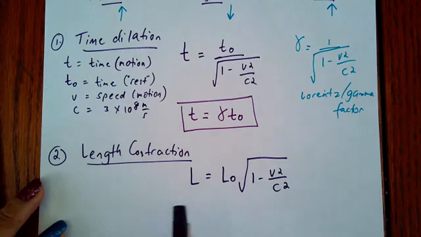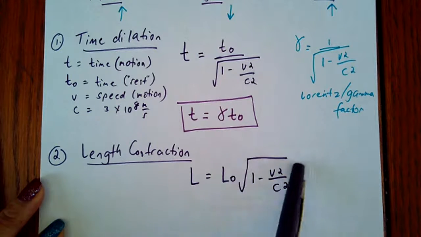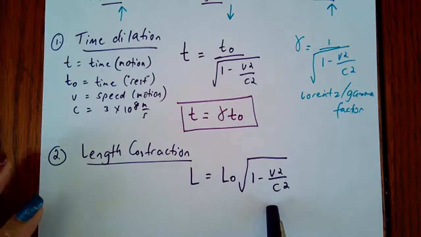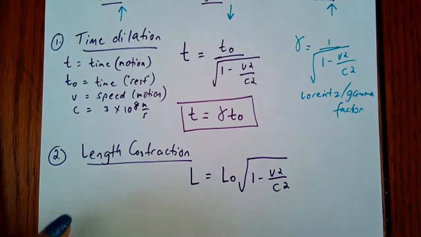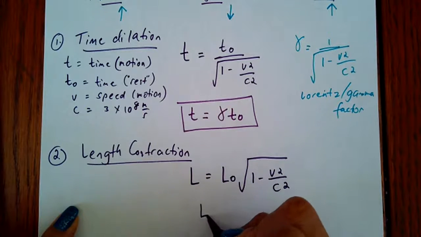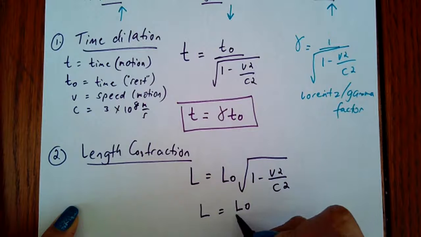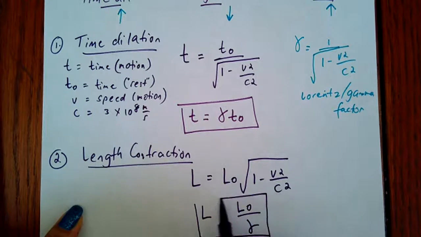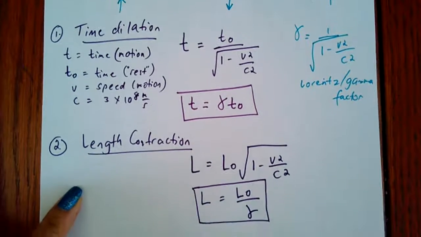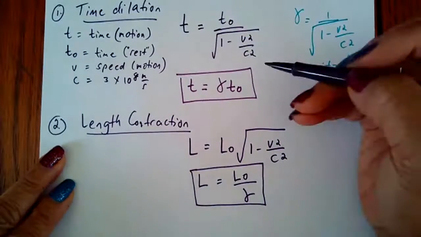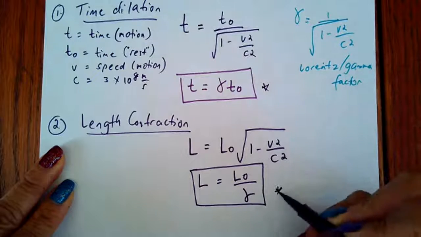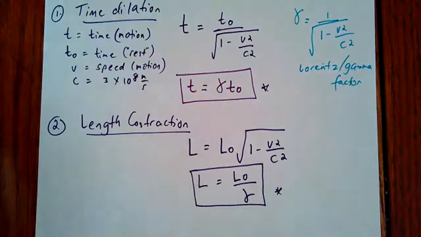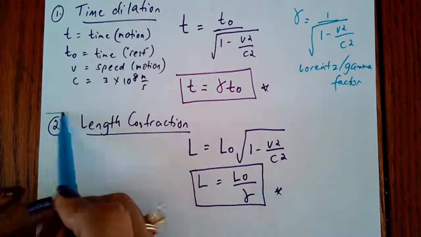You can also just use this form instead of using the Lorentz or the gamma factor. This is known as the beta factor, but we're going to stick to the gamma factor here. Or L is equal to L naught over the gamma factor. So if you calculate the gamma factor first, then all you have to do is plug it into our formulas here, and you don't have to calculate all these things in this pretty complicated form.